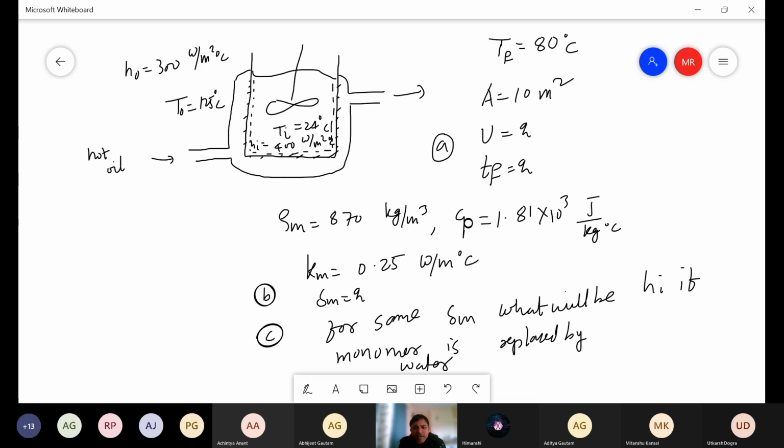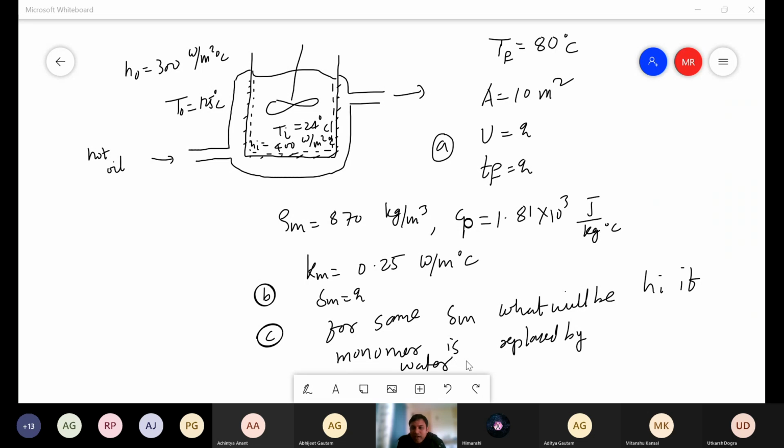No. We are not saying anything about lumped capacity here. I am saying that the metal wall is separating both the fluids. I am saying that there are three resistances offered. One is the convective resistance outside the container, which is surrounded by the jacket fluid. There is a convective resistance inside the container where the liquid monomer is present, and there is a conductive resistance in the metal wall which is separating both the liquids, isn't it?